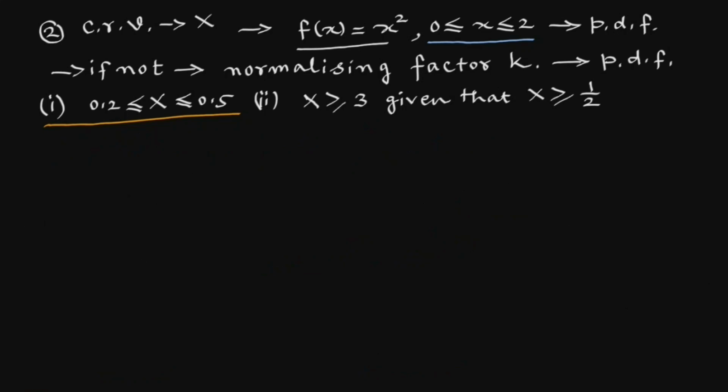Next we have to find the probability when x is greater than or equal to 3 upon 4, given that x is greater than or equal to half. This is a conditional probability.